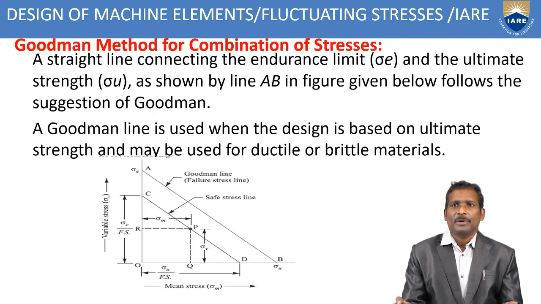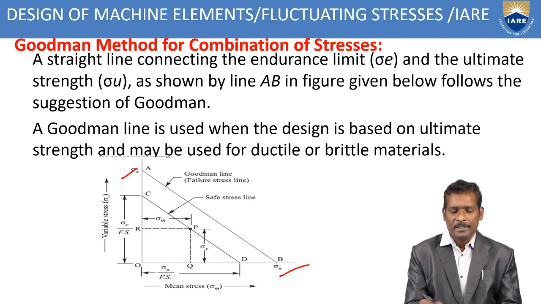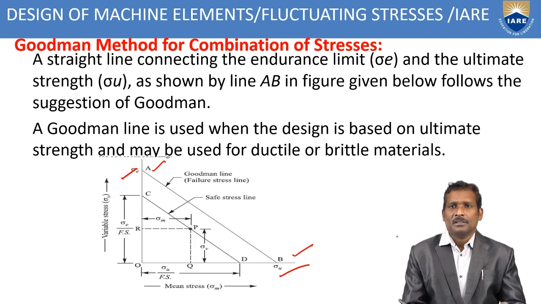The first one is the Goodman method for a combination of stresses. Here is a straight line connecting the endurance limit and the ultimate stress, shown by line AB. Similarly, the next one is the endurance limit and the mean stress value, the maximum value, shown in the figure as line CD.